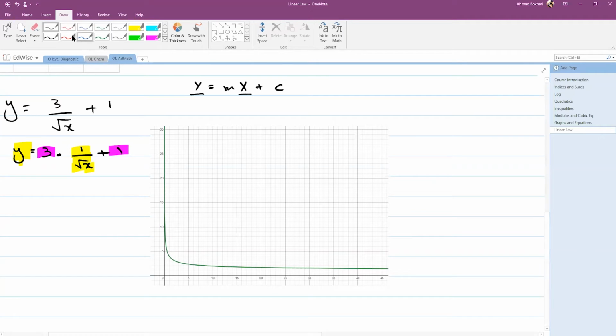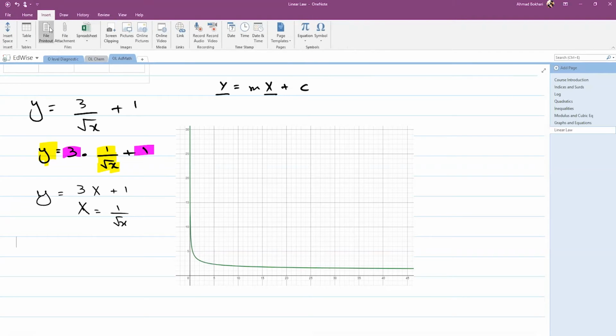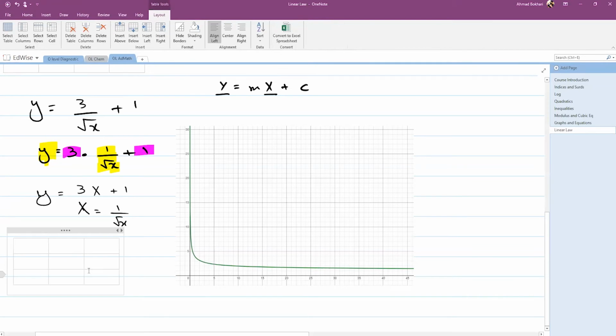This means we can have a relation here that is y equals 3 times capital X plus 1. And what is capital X here? So capital X here is basically 1 over square root x. So now we will obviously draw a table, and this table will have 3 rows. One will be x, one will be capital X, and one will be y, because we have one dummy variable and 2 regular variables.